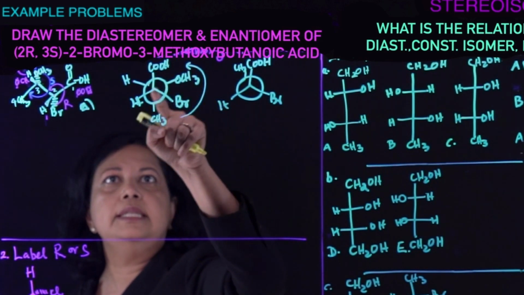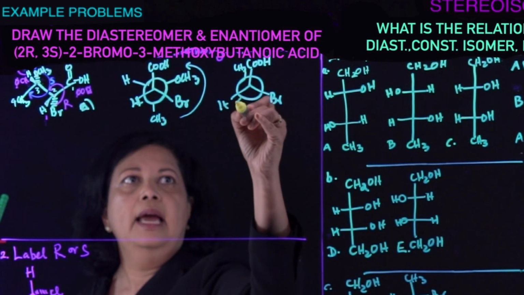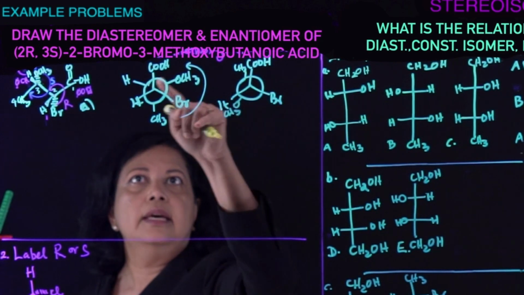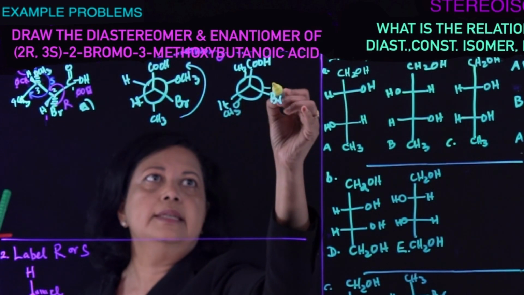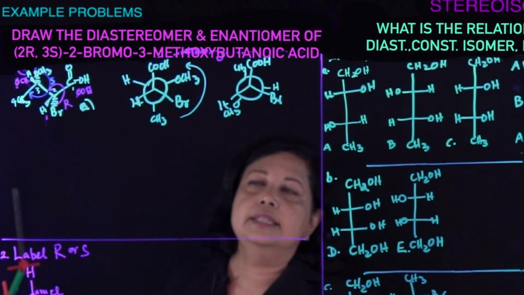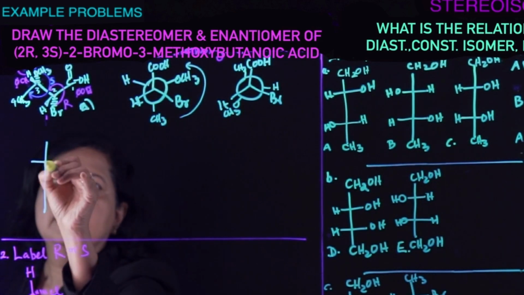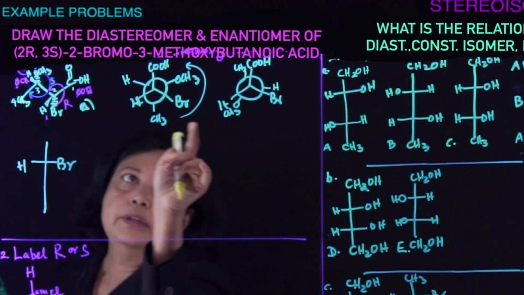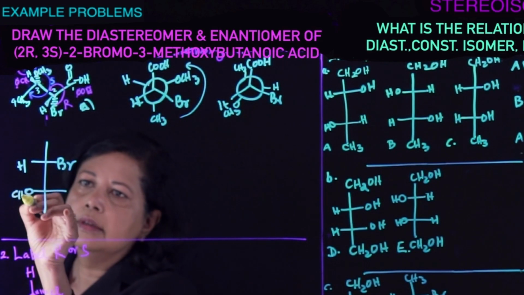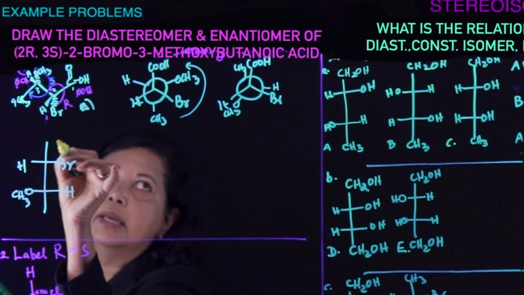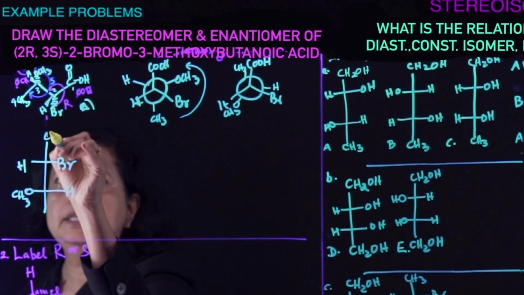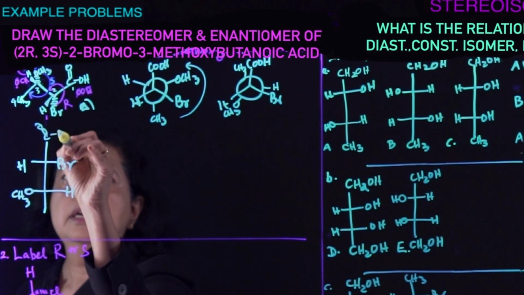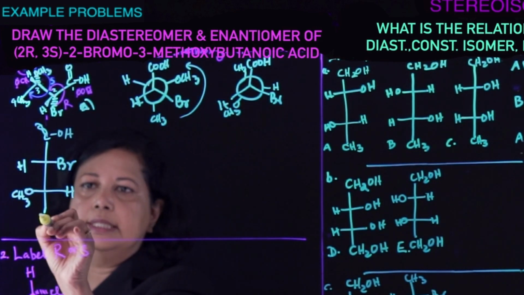This goes opposite, and this hydrogen will also be opposite. Let's draw that out. So over here, we can put OCH3 to your left. And don't forget, top carbon is the most oxidized, and the bottom is the CH3.